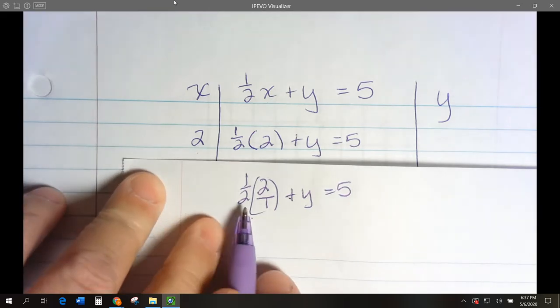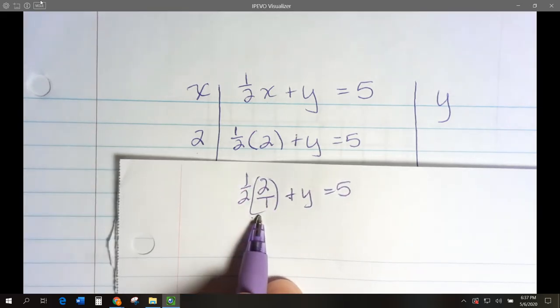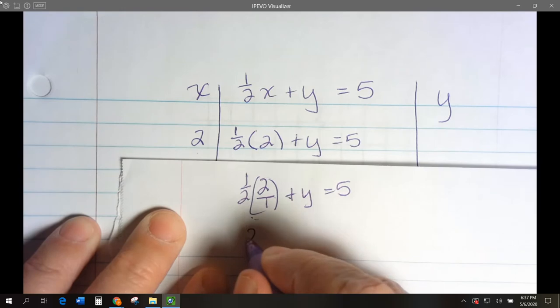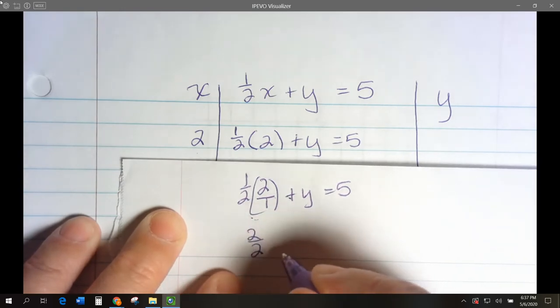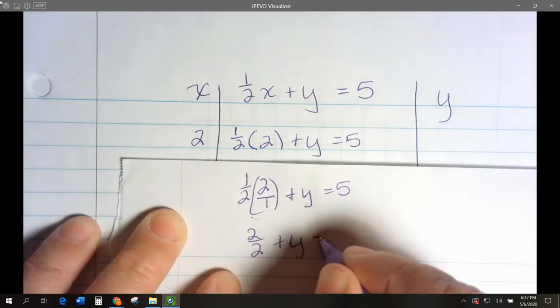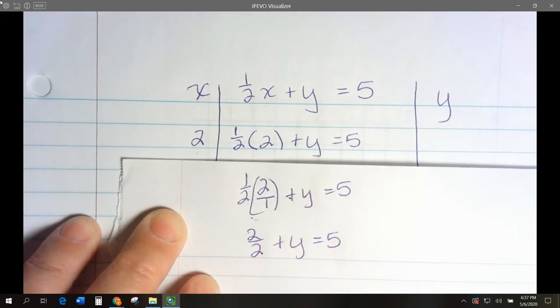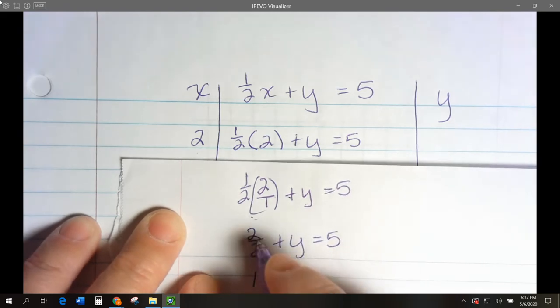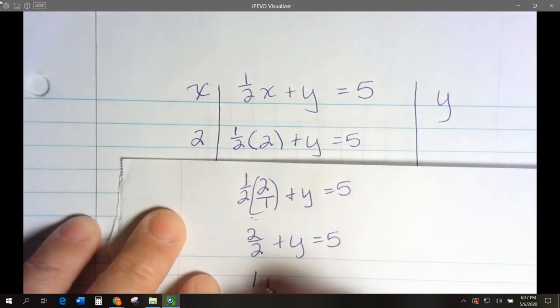Remember, to multiply fractions, we must multiply across. 2 over 2 plus Y equals 5. That's going to be 1, because 2 over 2 is 1, plus Y equals 5.